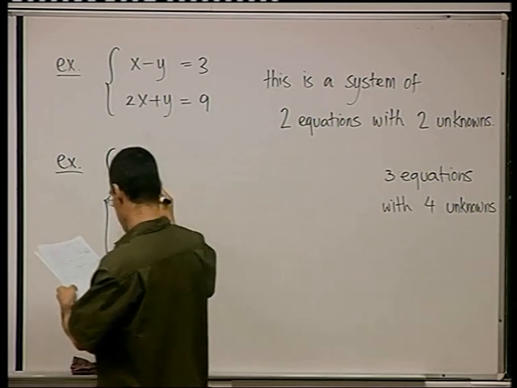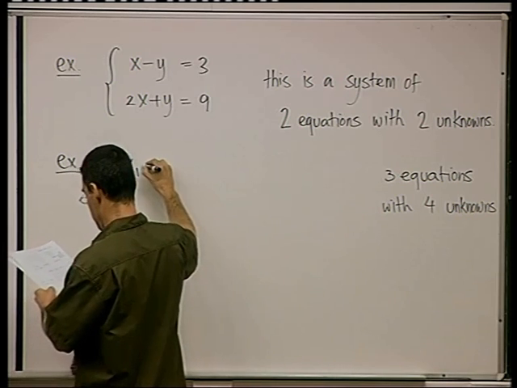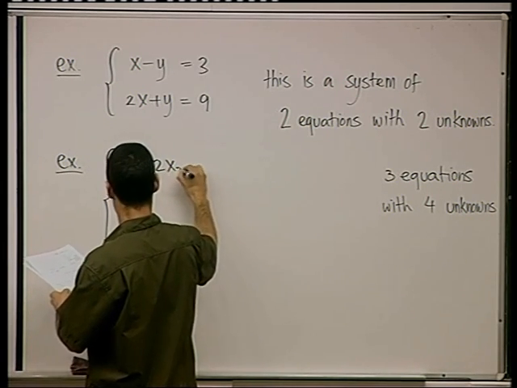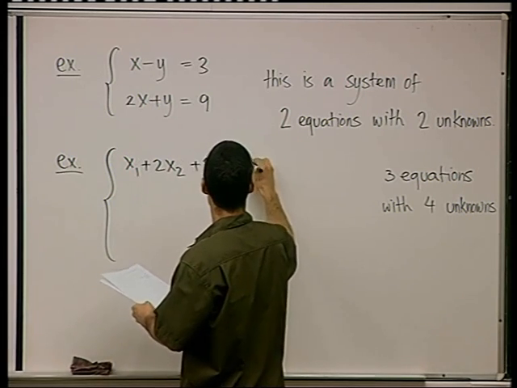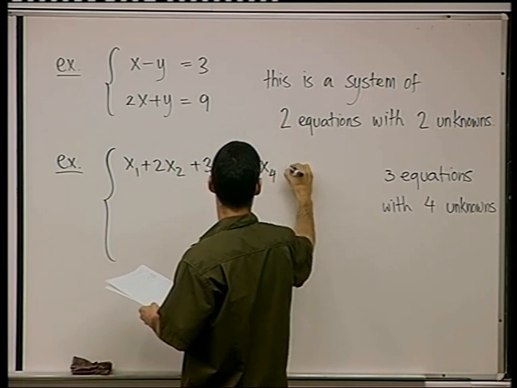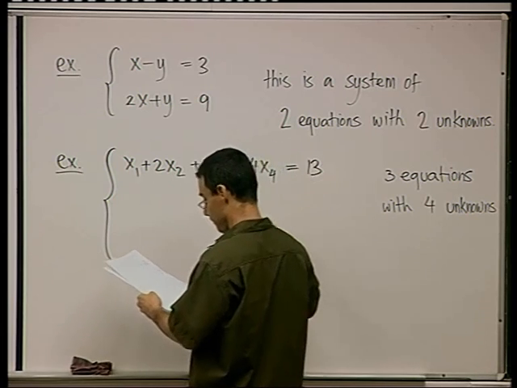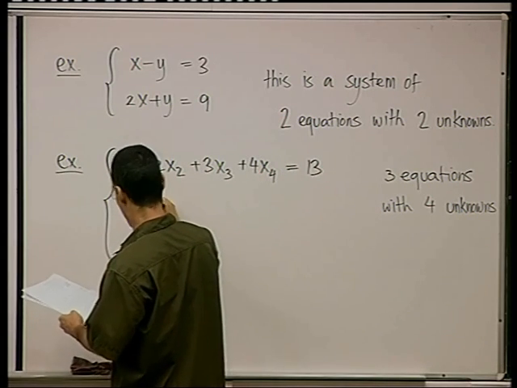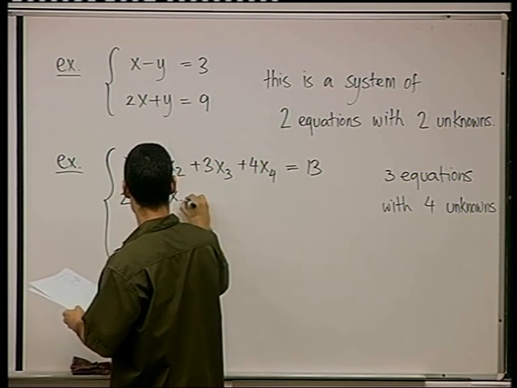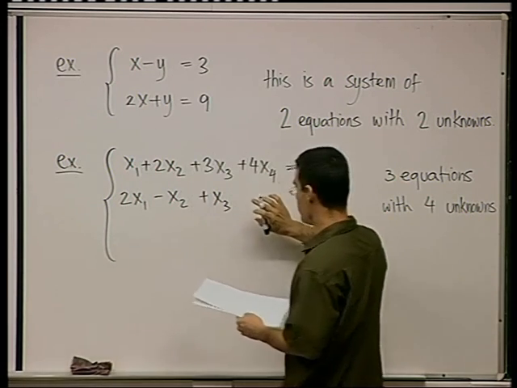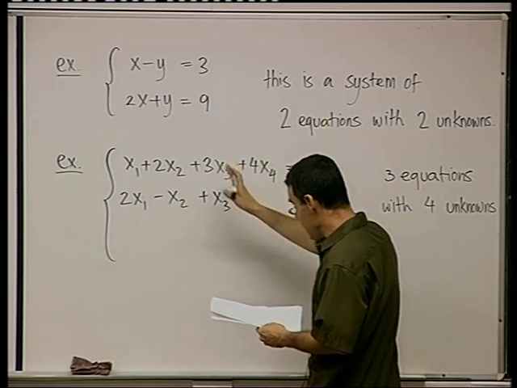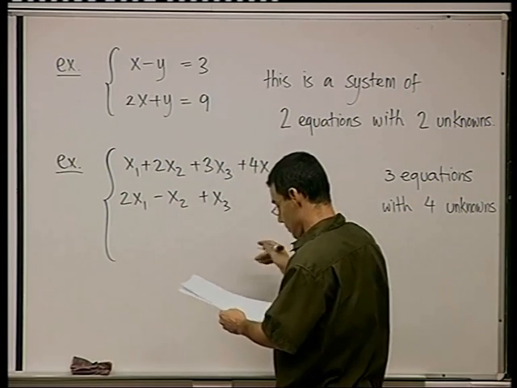And the equations are going to be the following. x1 plus 2x2 plus 3x3 plus 4x4 equals 13. 2x1 minus x2 plus x3, and there's going to be no x4, but I'm going to write it so they're all in the same columns.